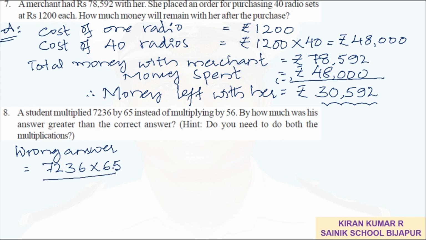If 5 is multiplied to these numbers, we'll be getting 36,180. If 6 is multiplied to these numbers, we'll be getting 43,416. Let me add these two.